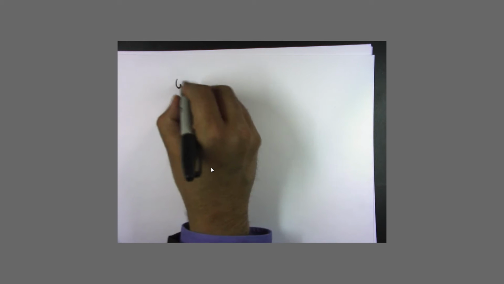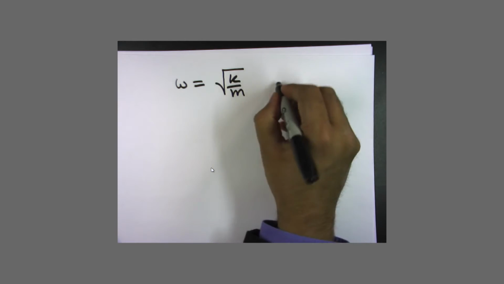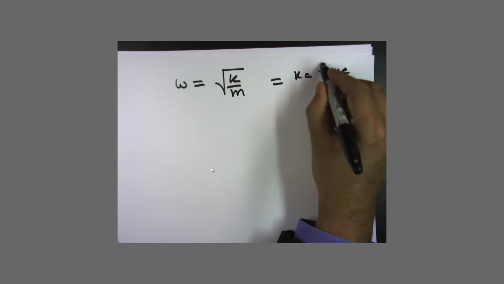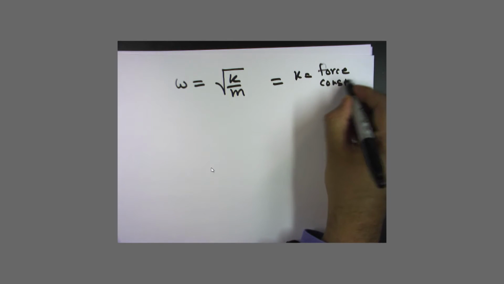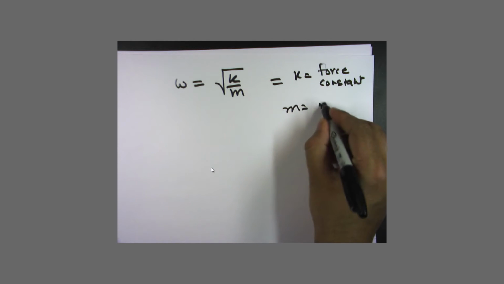So, now here if you look at the solution to this equation, a cos omega t, which we did earlier, omega is equal to the square root of k by m, where k is the force constant, or what we call the spring constant, and m is the mass of the particle.